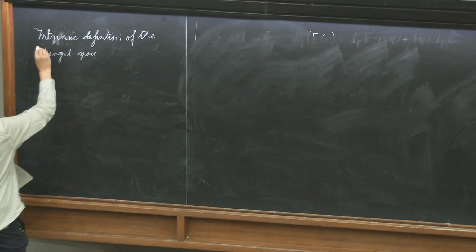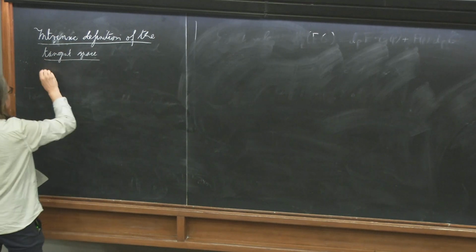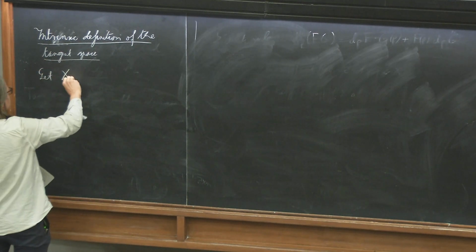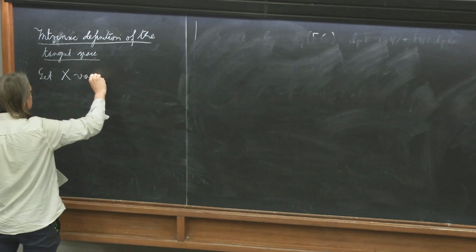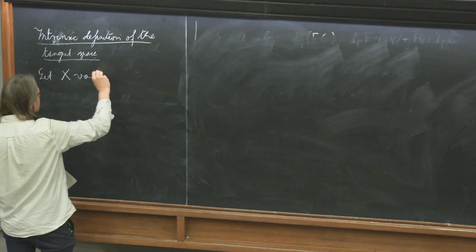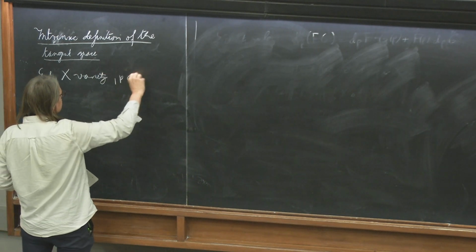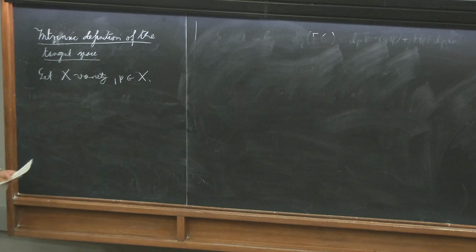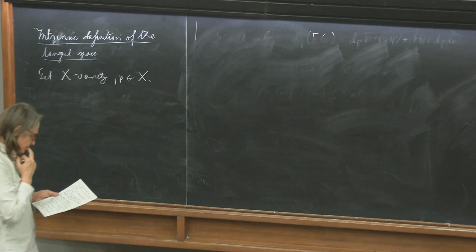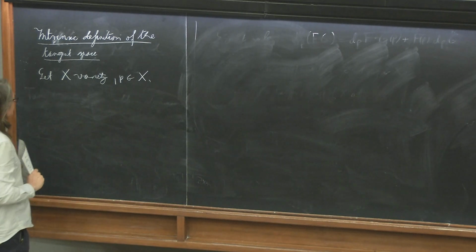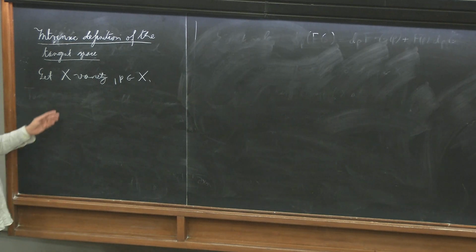So let X be a variety, and P a point in X. I want to give an intrinsic definition instead, in terms of the local ring of X at P.